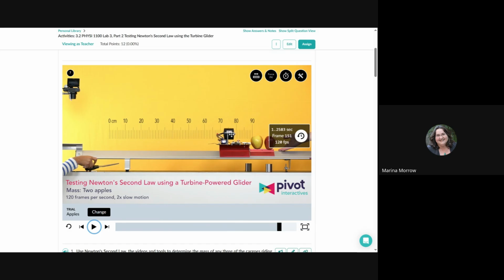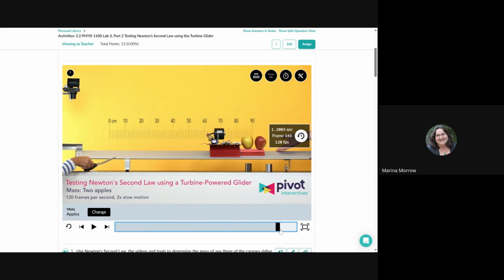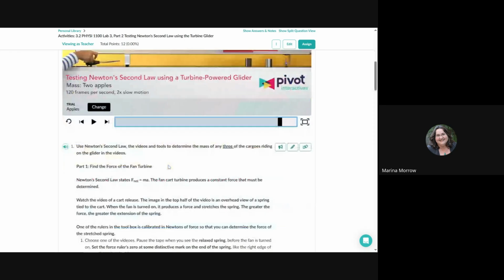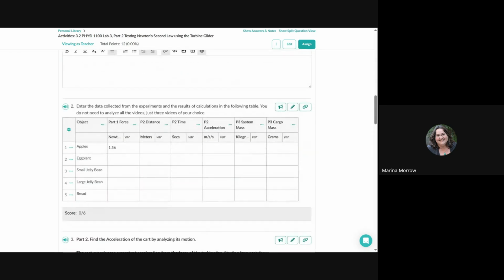Okay, 80 is fine also. So make your cart go to a point where you feel comfortable measuring it. At the edge of the turbine there, my time is 1.275 for 80 centimeters. Okay, so 1.275.